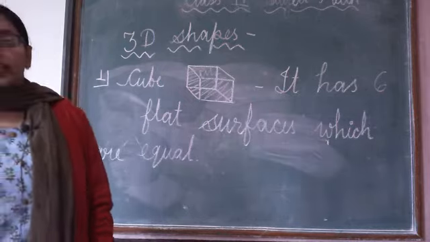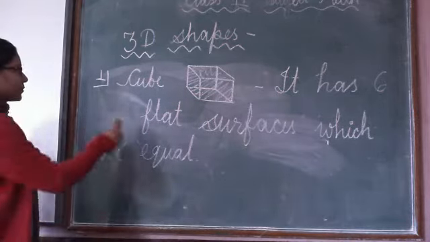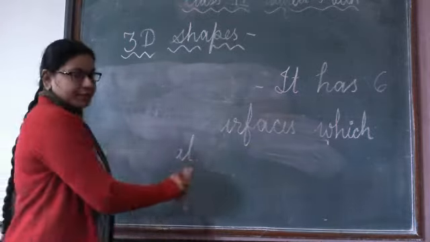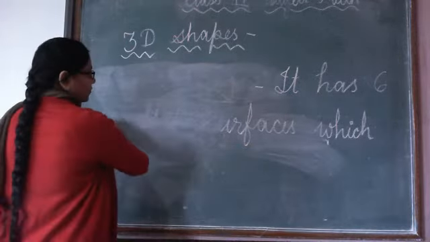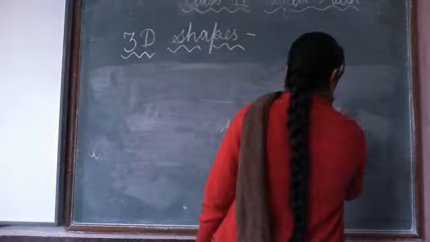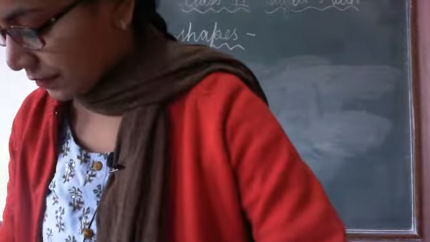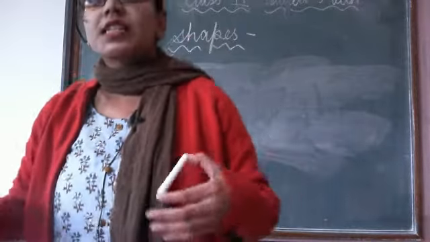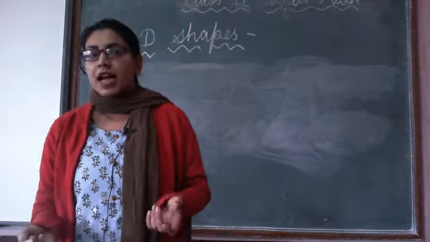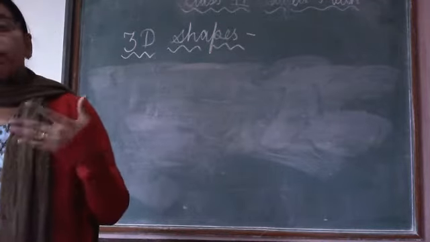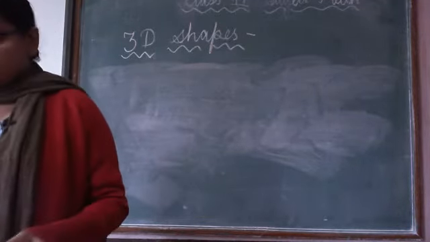Now the next 3D shape is cuboid. So let's write about cuboid. Okay, so cuboid is also having 6 flat surfaces, but the difference between cube and cuboid is the opposite surfaces are equal.